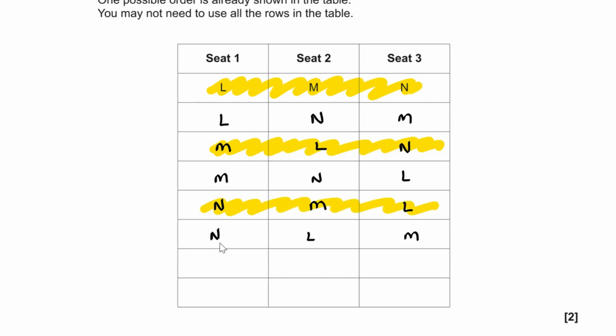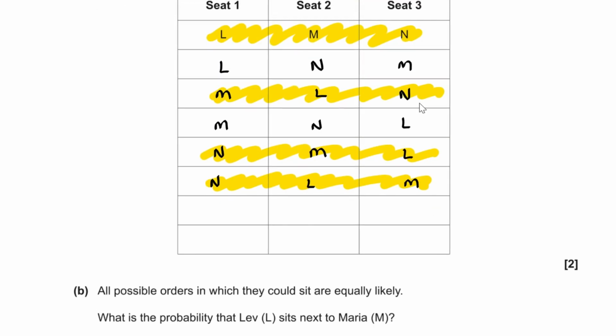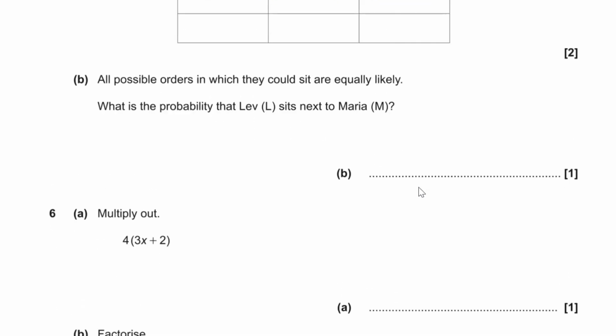And L is also next to M here. And so therefore you can see we've got 4 out of a possible 6. So this probability is equal to 4 out of 6, which is the same as 2/3. So we've got 2/3 as our required probability.